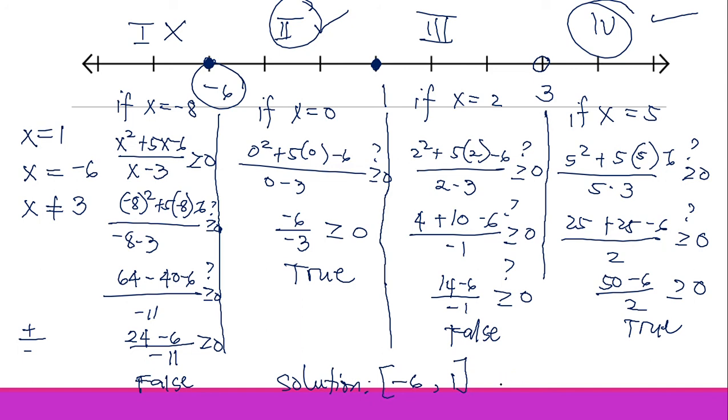Since there is more than one region as part of the solution, we write the symbol for union. And then the boundary of region 4 is positive 3, but this is not included, it is unshaded, so a parenthesis, moving towards positive infinity. So there you go with your solution of that inequality.